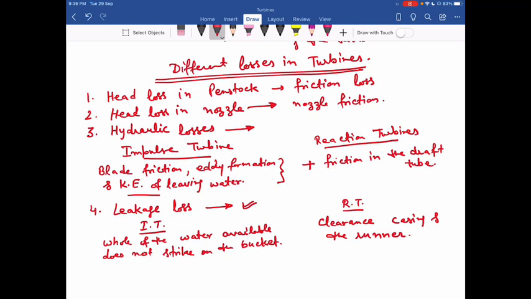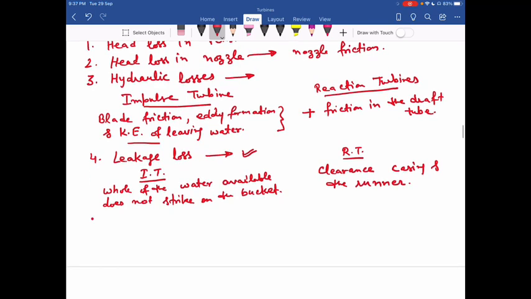So some water may go waste, or you can say directly goes to the tail race through draft tube, not striking on the runner. Okay, so that amount we consider as the leakage loss. Another type of loss we have is the mechanical loss.